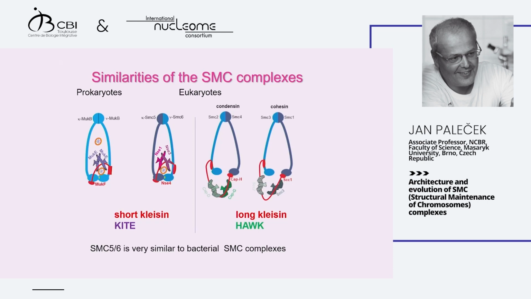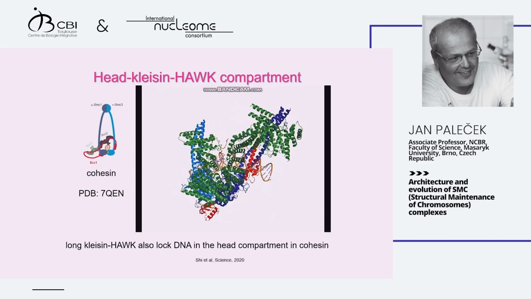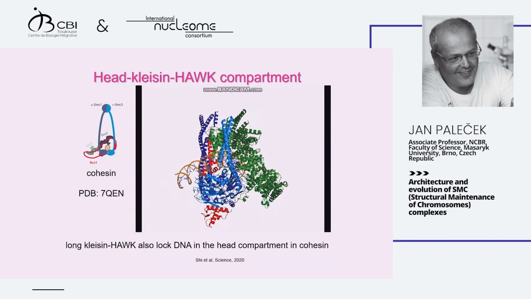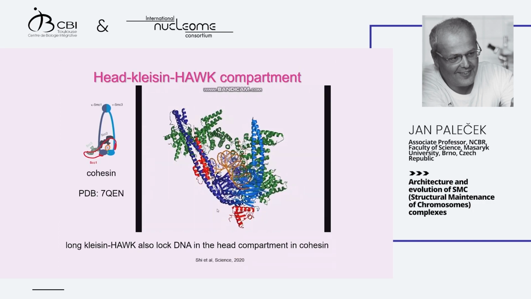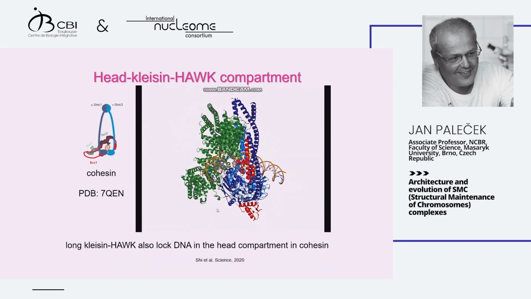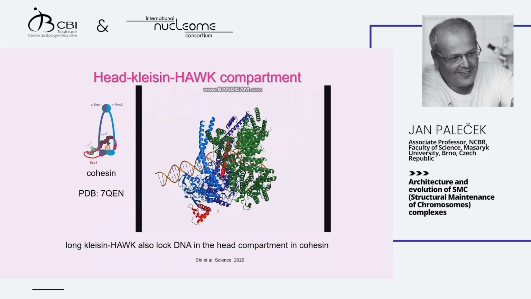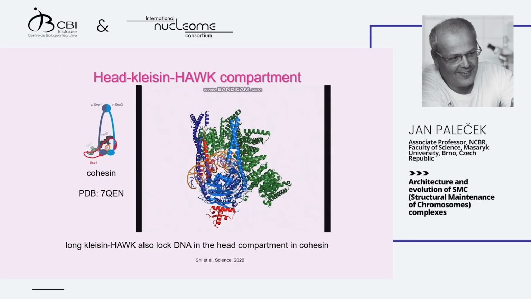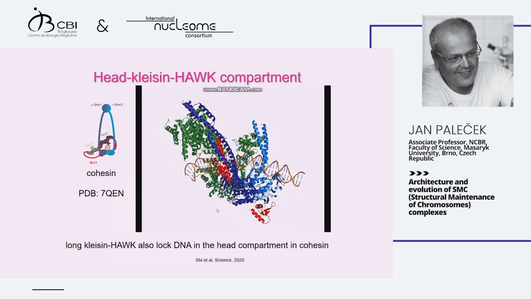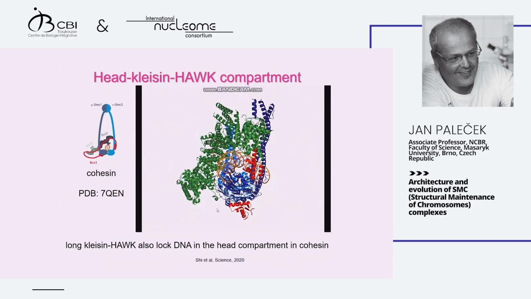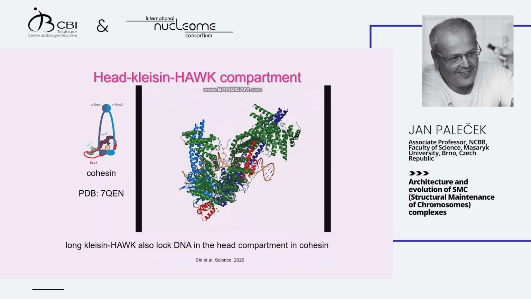What about cohesin and condensin? Because they have different Hawk subunits, they have much longer kleisin linkers, but when you look at the cohesin structure, you can again see something very similar: SMC proteins with their heads, DNA on top of these heads, the kleisin N-terminal part, the linker threading through, and the C-terminal part bound to the bottom.